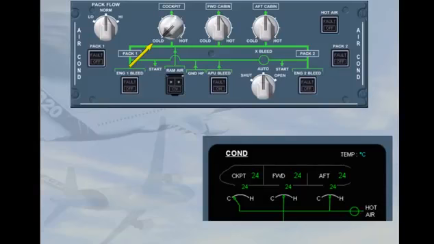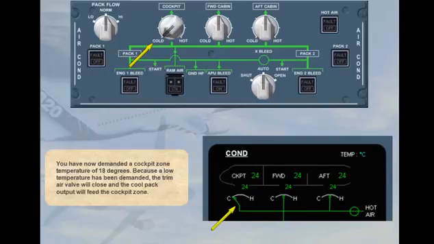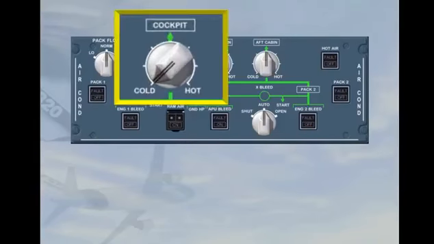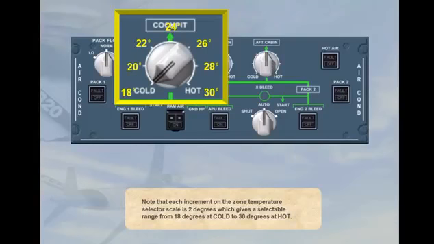Because a low temperature has been demanded, the trim air valve will close and the cool pack output will feed the cockpit zone. Note that each increment on the zone temperature selector scale is 2 degrees, which gives a selectable range from 18 degrees at cold to 30 degrees at hot.